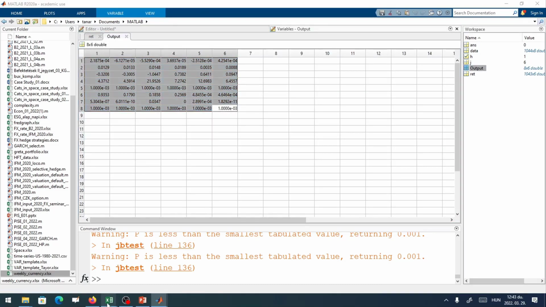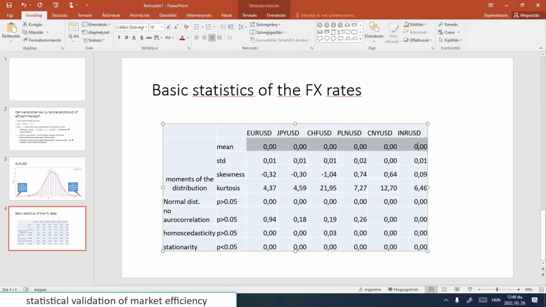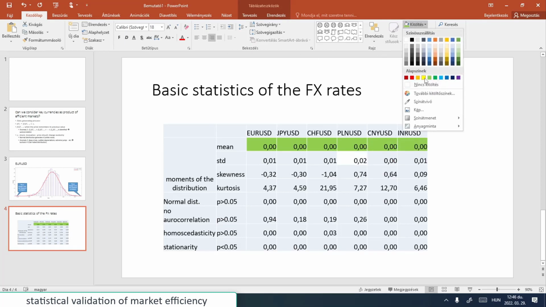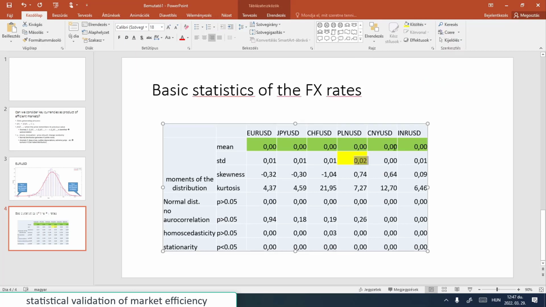So now we can just copy. Okay, the mean is supposed to be around 0. We can see that they are around 0, so at least something is working here. Standard deviation, here we don't have a target value. You can remember from the corporate finance lecture that if something has a higher standard deviation, it's riskier. The Polish zloty has a higher standard deviation, so maybe we can highlight it as anomalous.